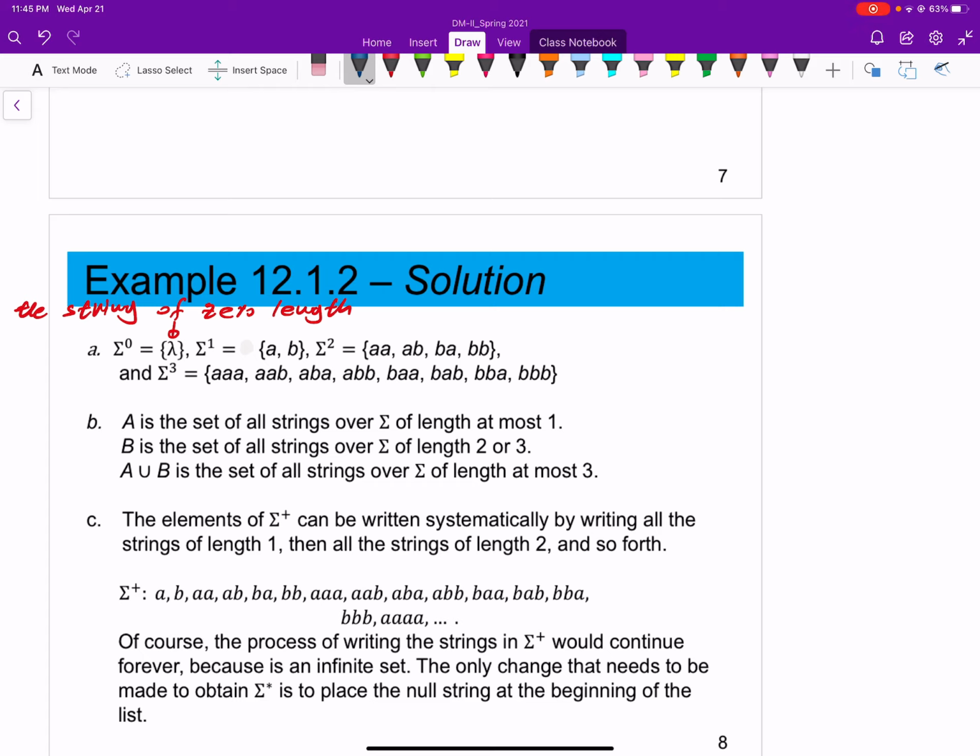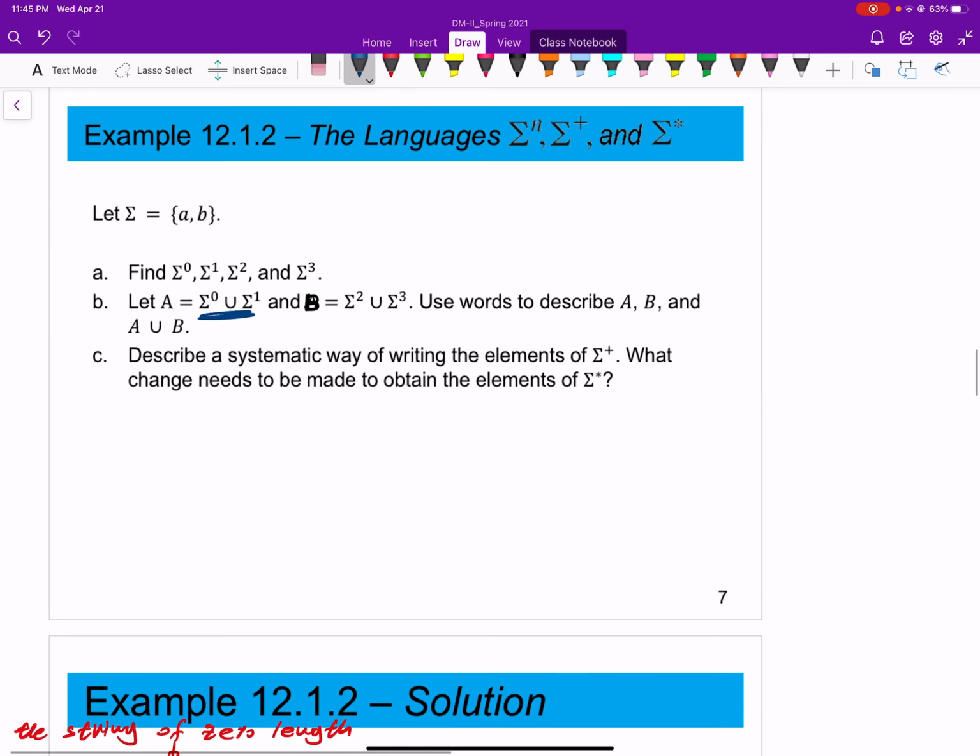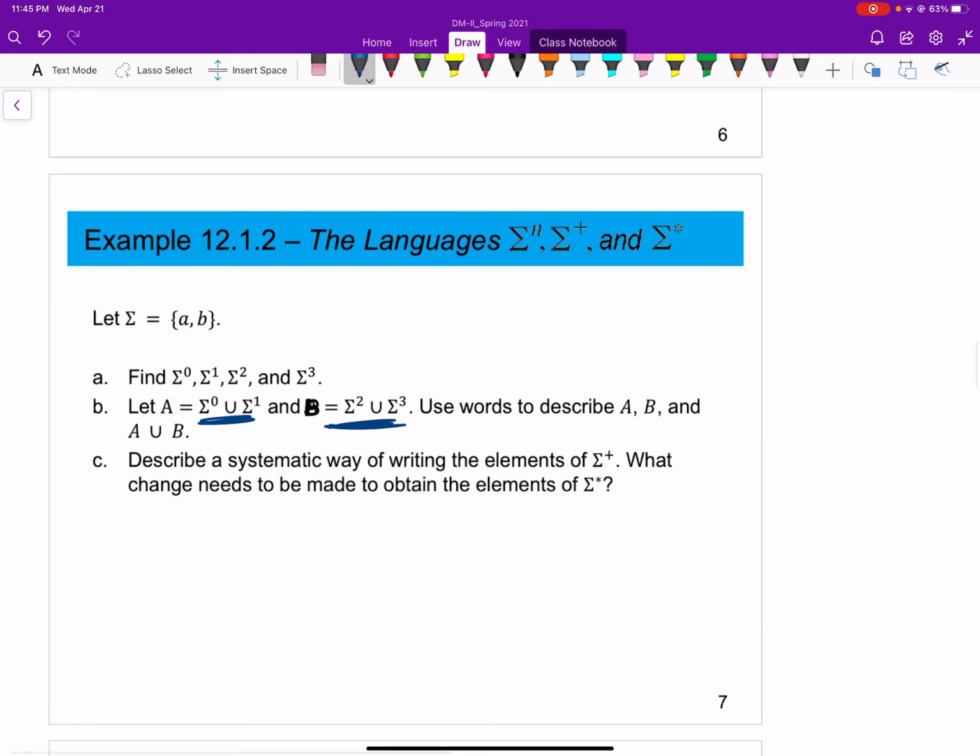You have to just explain in your words what is the meaning of A and B. A is the set of all strings over sigma of length at most 1. At most 1 means 0 or 1.